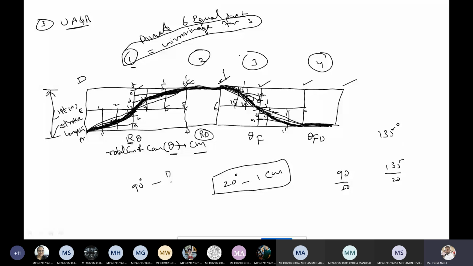Now for the uniform acceleration and retardation, the maximum velocity and maximum acceleration values are also very important. If the question is asked, then only solve this one.